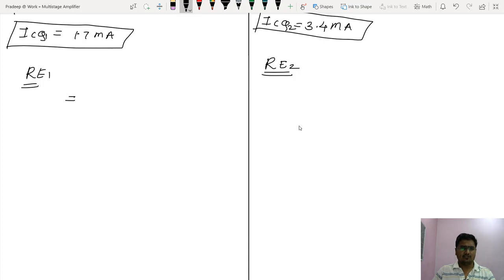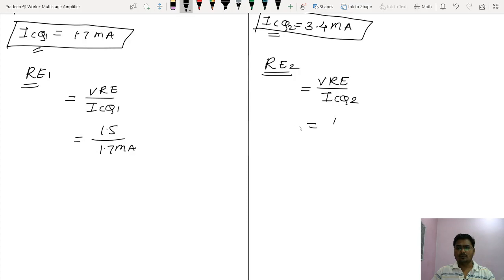It will equal the voltage across resistor RE divided by ICQ1. Here it will be the voltage across RE, which is the same as the first, divided by ICQ2. Whatever values for ICQ1 and ICQ2 you have calculated, you just need to put them in. That is 1.5 divided by 1.7 milliamperes, and here 1.5 divided by 3.4 milliamperes.